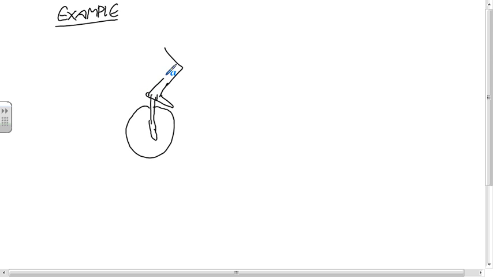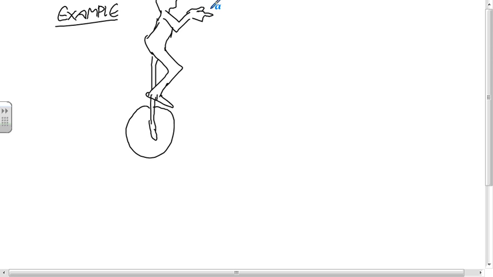Okay, so this guy's on a unicycle. Can't see his face.